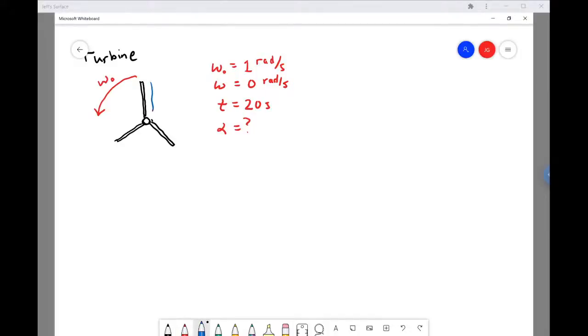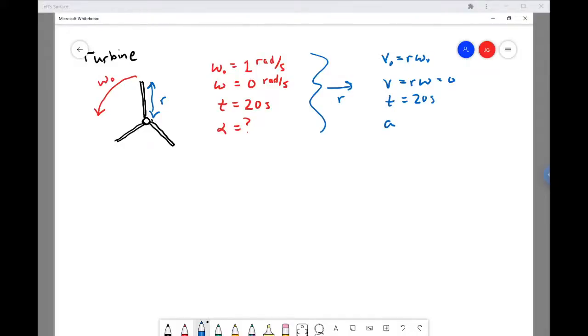Okay, so if you know the radius, and let me draw it here, if you know the radius of this turbine, it's the length of the blade, you could take all of these quantities and translate them via r into their linear quantities. V naught is going to be r omega naught. V is r omega. Well, that's going to be 0. It comes to rest. T is t. No change there.